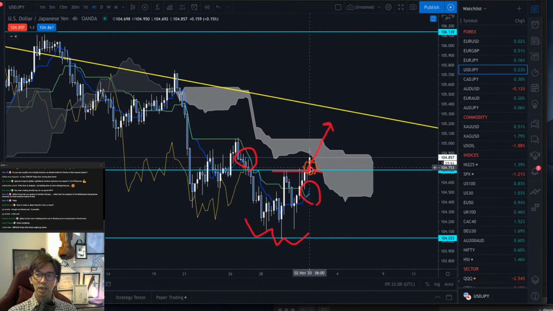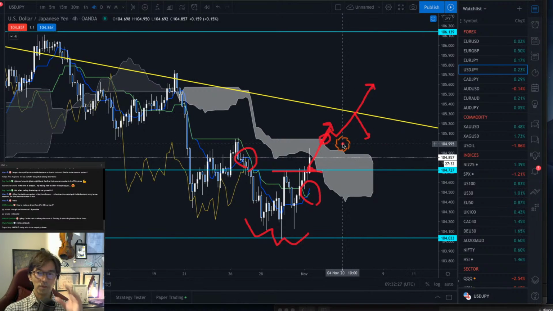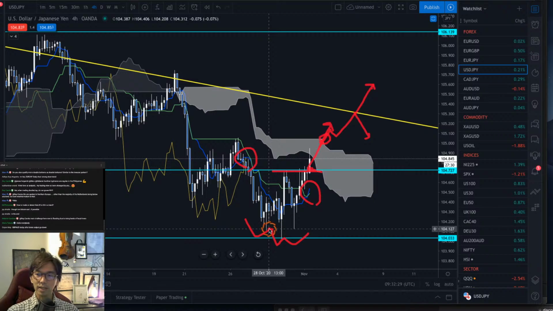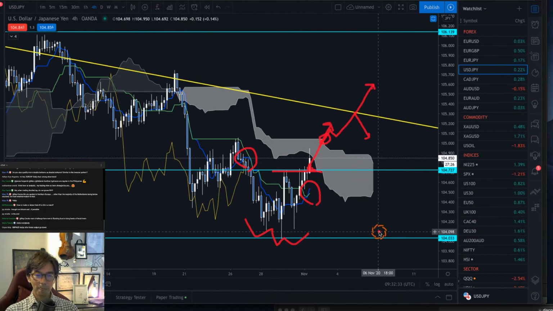So if there is a Kumo breakout, that will be the Sanyaku Koten signal, and I can expect the market to continue to go up this way. It might break this descending trend line upwards too, or it might be resisted and go down too. But after this Kumo breakout, together with this reverse head and shoulders and neckline breakout, that's something that I can expect.